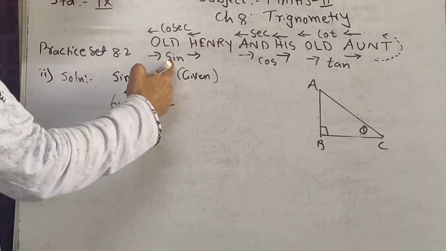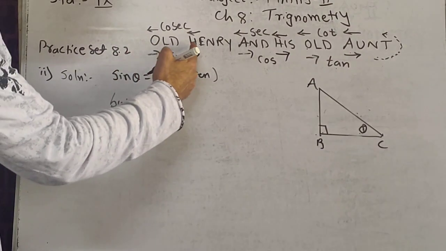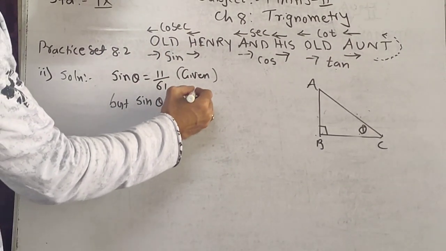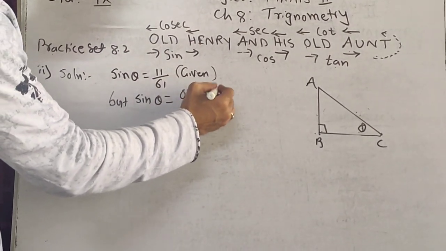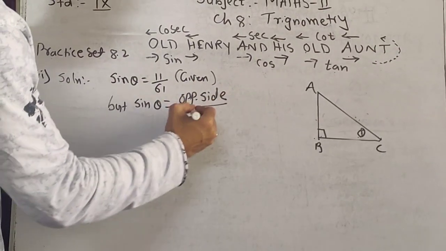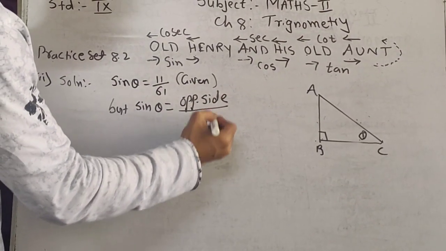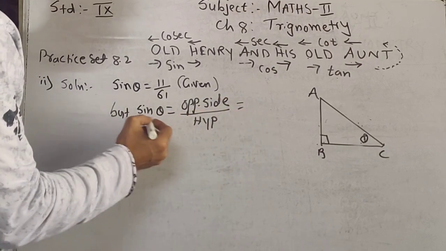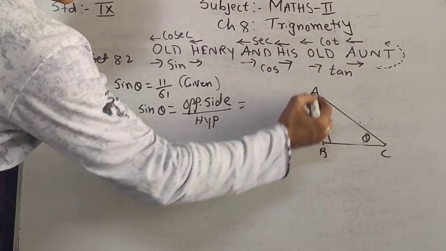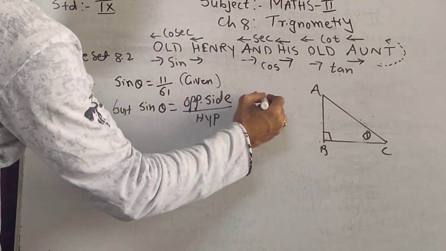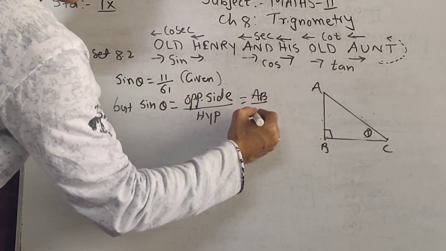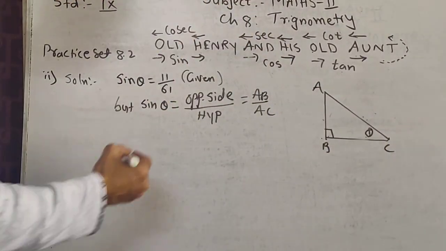Sin theta formula is here: opposite side upon hypotenuse. So theta's opposite side is AB, and hypotenuse is AC.